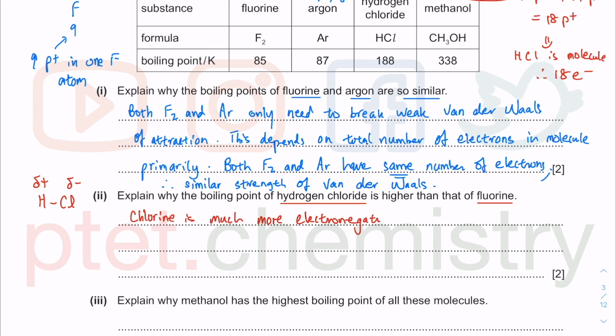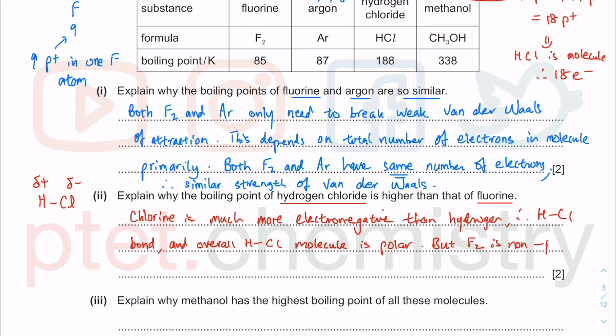And as a result of it, you are going to have a polar bond. So therefore, HCl bond and overall HCl molecule is going to be polar. But F2 is non-polar since the atoms have the same electronegativity.